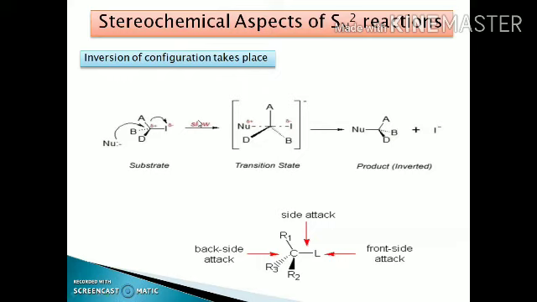This is because the nucleophile attacks on the side opposite to the one where the halogen atom is present. In the substrate the leaving group is on the right hand side, but after the attack of the nucleophile, the product has it on the left hand side. It means an inversion of the configuration is taking place.